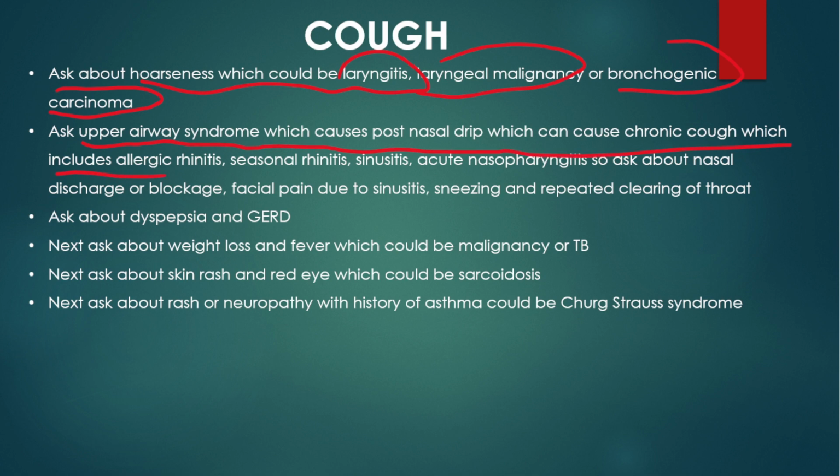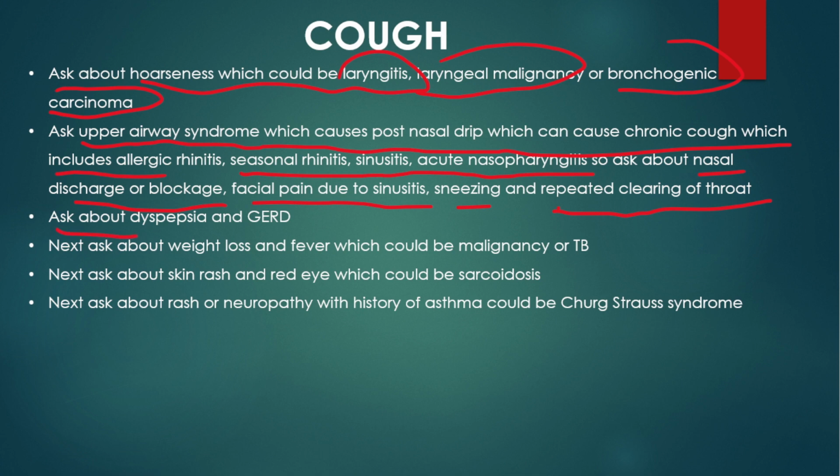These conditions include allergic rhinitis, seasonal rhinitis, sinusitis, and acute nasopharyngitis. So, ask about nasal discharge, blockage, facial pain due to sinusitis, sneezing because of allergic rhinitis, and repeated clearing of the throat. It will help us rule out upper airway syndromes.